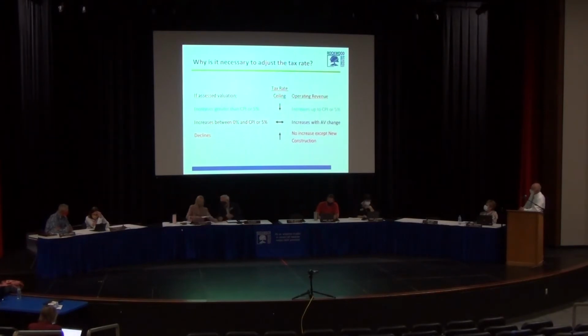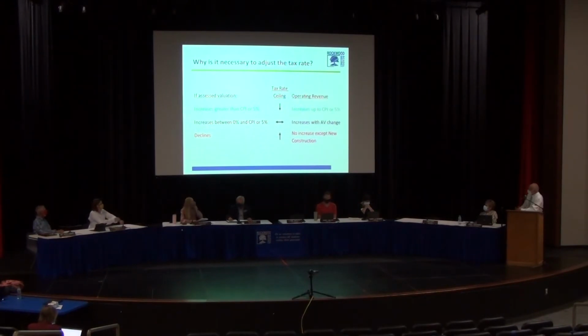This year's CPI is 1.4, so any growth in our tax base through reassessment above 1.4% requires us to roll the tax rate ceiling down, and that's the environment that we're in this year. You'll see that as Dan presents the numbers.